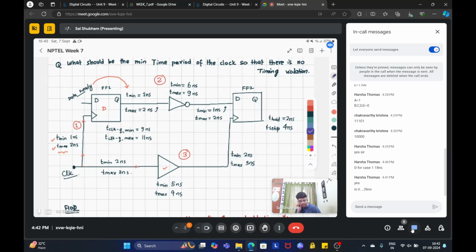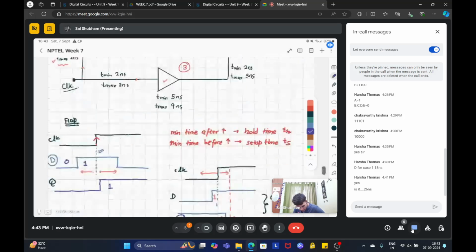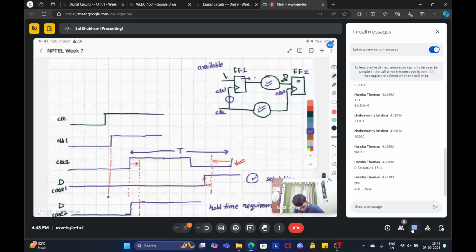So for the following circuit that I've shown, if you give the time period as 26 nanosecond, it will work perfectly fine without any violation. But the time period is big, right? And we want our processing to be faster. So you are actually going in the right direction. So maybe you can take a hint from here.